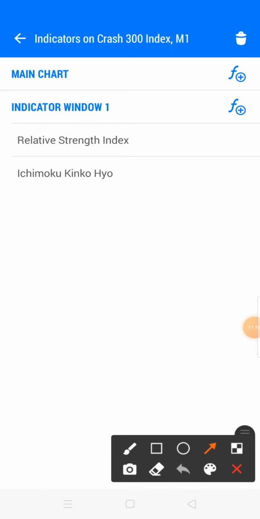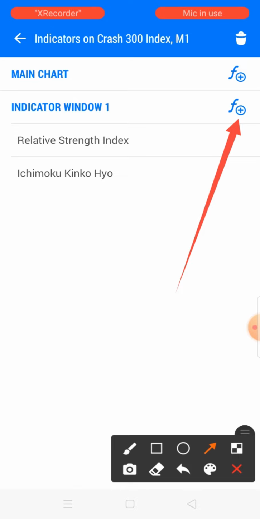Sorry about the break, I told you guys before, I'm trying to look at my computer. So you click the plus sign here on the indicator window, and add the next indicator, which is the Ichimoku.